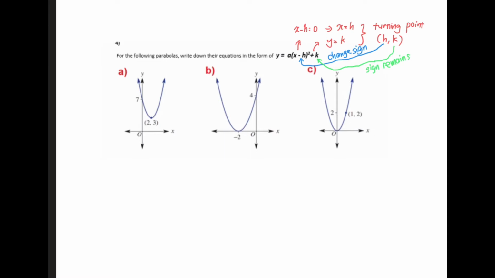Okay, so now what we are going to do is work out the equation. We do it like this for a. As you can see, the turning point is (2, 3). So when we write into y equal to a(x minus h) squared plus k, just bear in mind, if the x is 2, then when you put it here, it will be x minus 2.